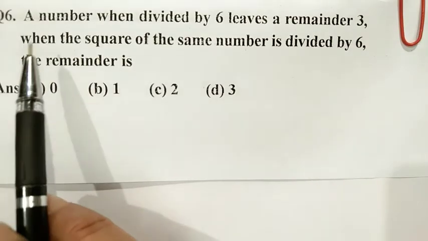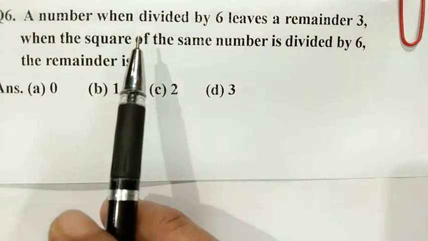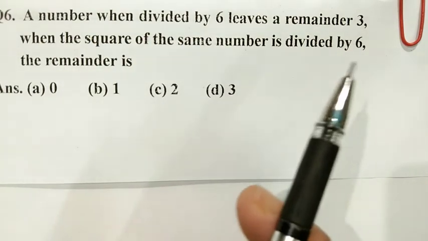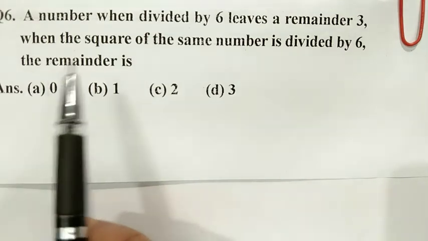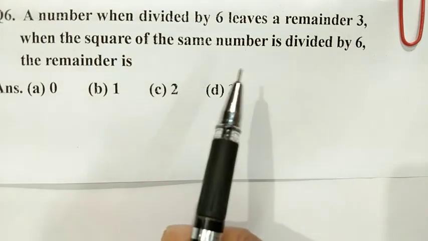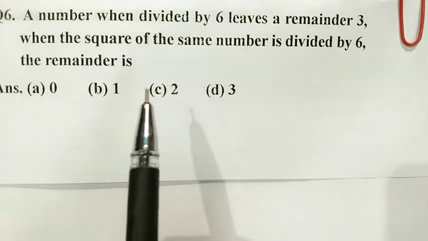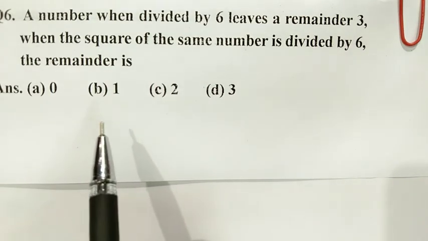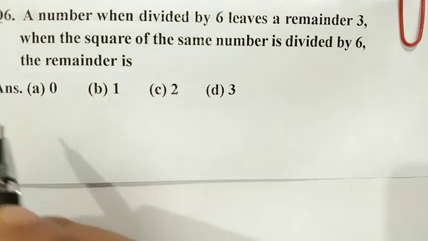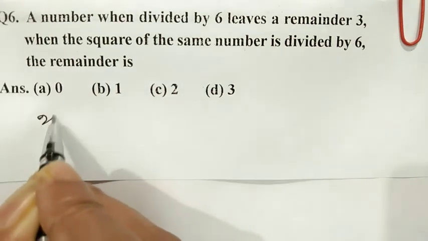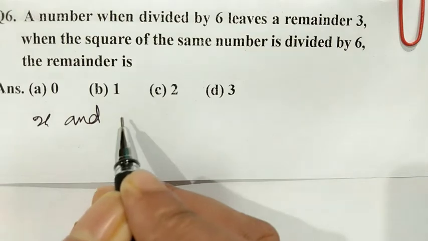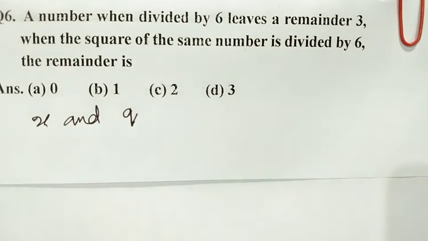Next question. A number when divided by 6 leaves a remainder 3. When the square of the same number is divided by 6, the remainder is? Let the number be x and quotient q.